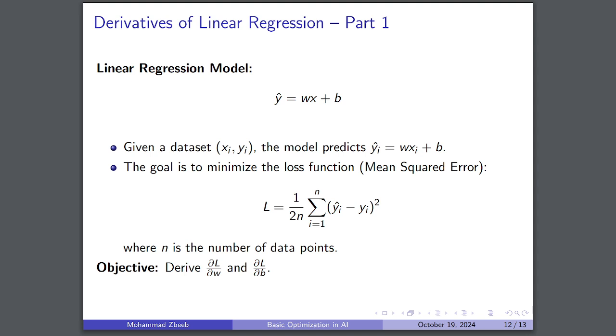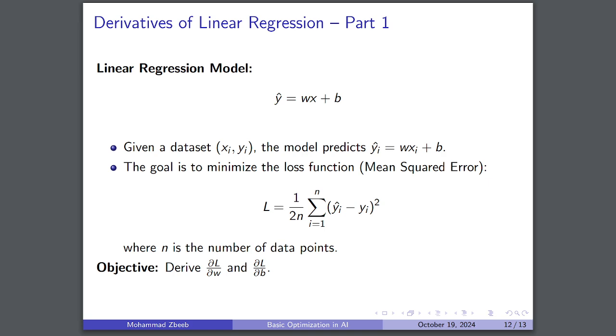The way we're gonna do this is we need to evaluate the derivative of the cost function with respect to w, and the derivative of the cost function with respect to b at each step in gradient descent. And then we should tweak w in the direction of the gradient of w, and we should tweak b in the direction of the gradient of b.